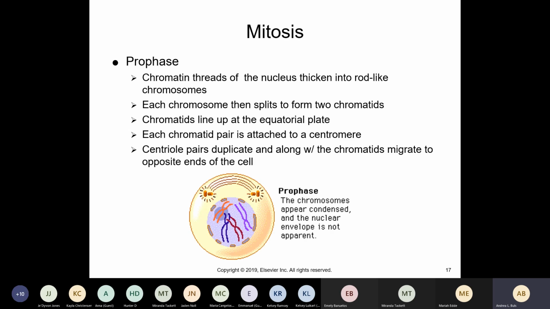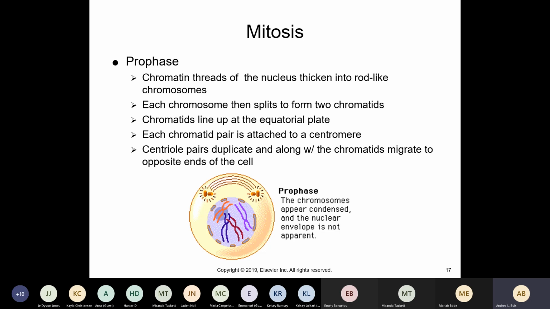Like I said, when we're talking about mitosis in that cell cycle, it's just that little piece of the pie. The first phase of mitosis is prophase, and during prophase, the chromosomes appear condensed, and the nuclear envelope is not apparent. So things are starting to gather.